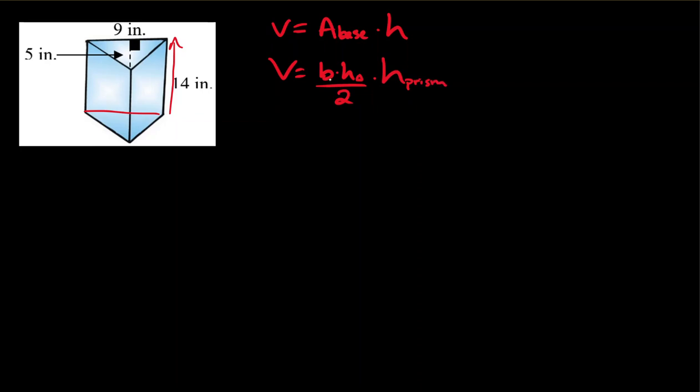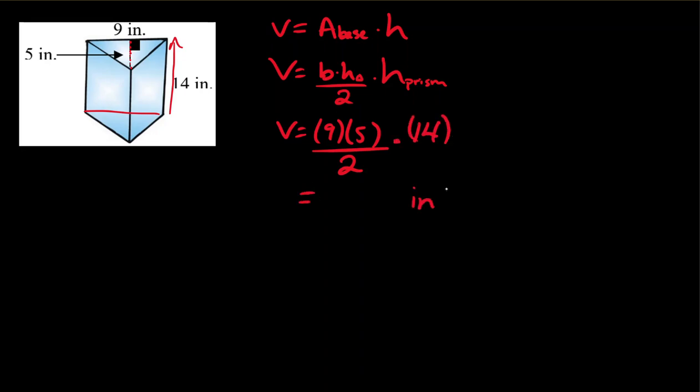So what is the base of this triangle? Well, I see the height is here. It's that dashed line in the middle of the triangle, so that's 5 inches. So that means that the base has to be that 9 inches that the height is coming off of. So the base is 9 inches, the height is 5 inches, divided by 2, and then we're multiplying by 14 inches.